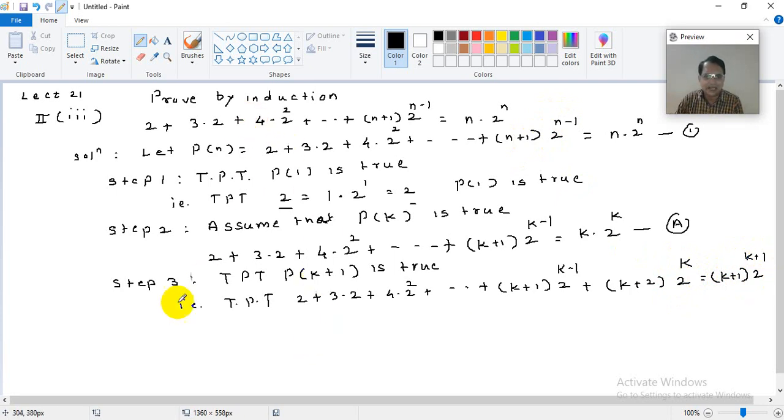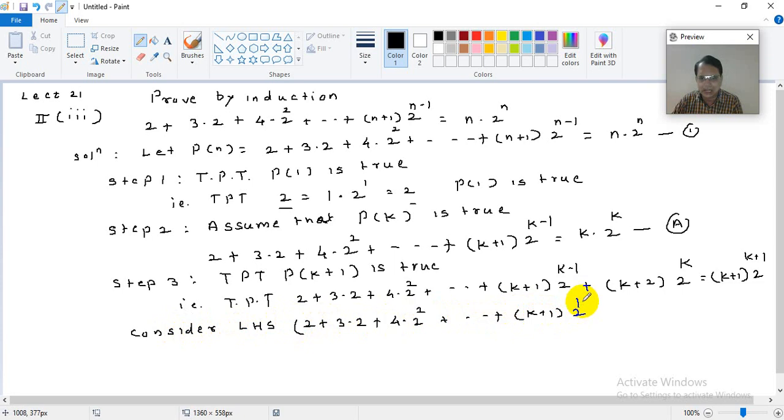Consider LHS. What is that? 2 plus 3 into 2 plus 4 into 2 squared plus and so on. The second last term we will write k plus 1 into 2 raised to k minus 1.